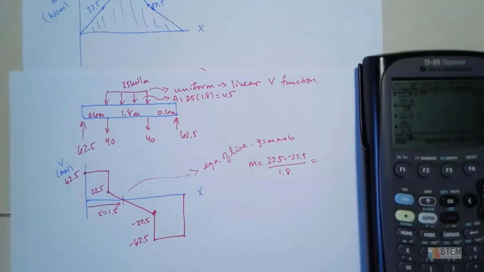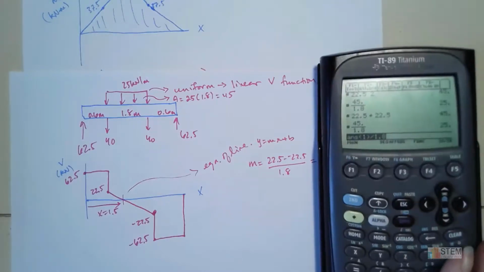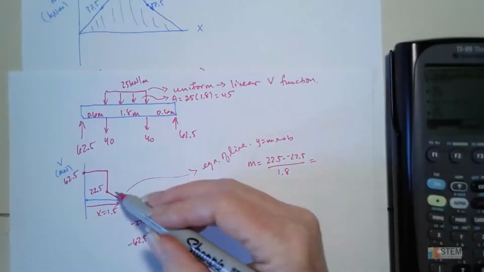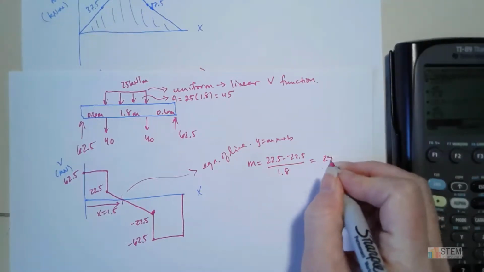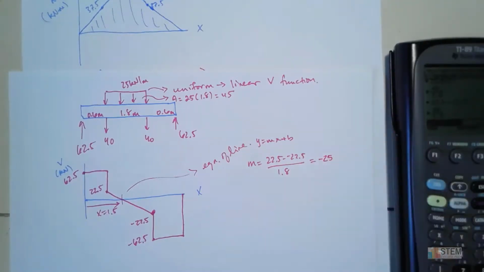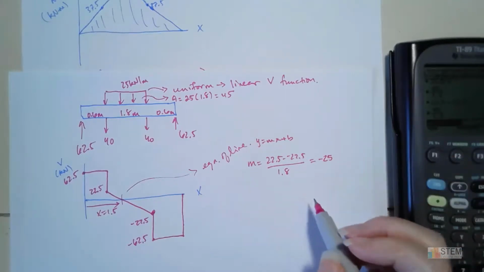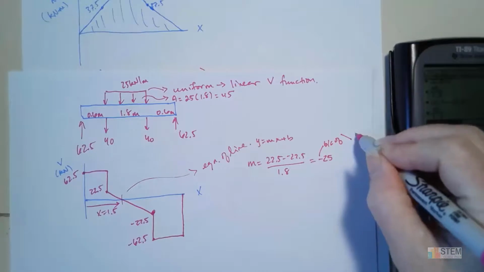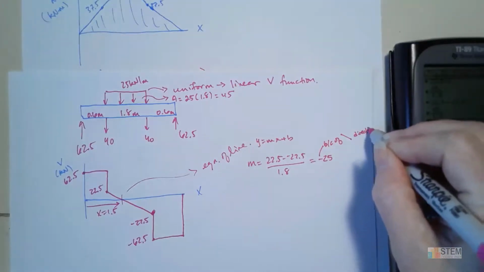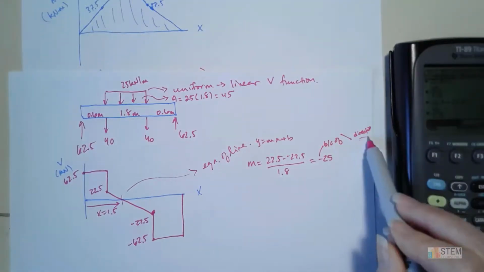Actually, just make that positive. It's going to give us 25 for that slope, but we know it's negative, because it's going in that direction, so we'll put a negative on there.